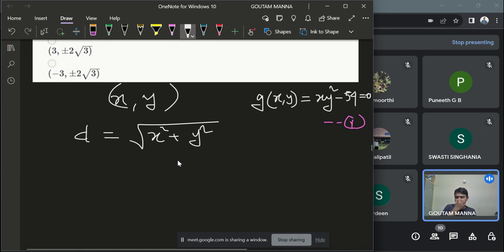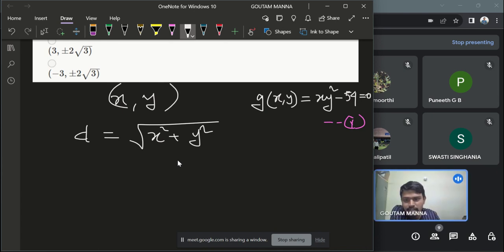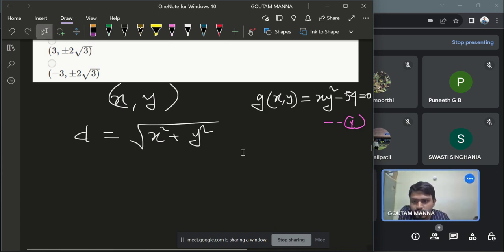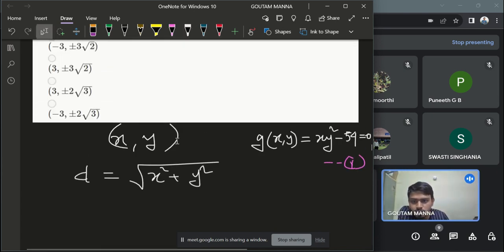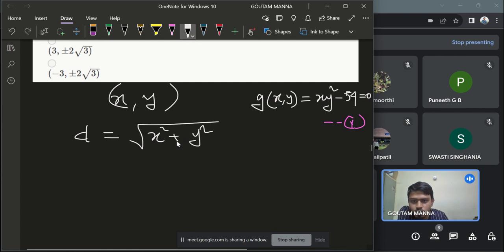But same as here, to minimize, we need to do the derivatives. So we need to do del x, del y, these kinds of things. And so having a root will be problematic. So instead of minimizing d, we will be minimizing d square.